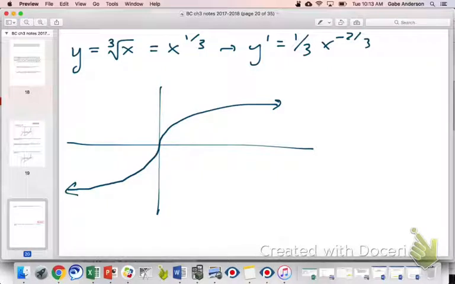They were alternating, granted: 2, -4, 8, -16. You get the idea. We're getting further and further away from 0 because the slope of the tangent line is heading towards infinity. So the problem is the function, and the issue is the vertical tangent line right there. Okay, make sense?